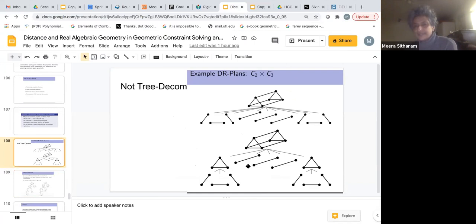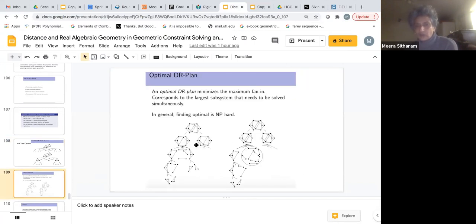And minimizing the maximum fan in means it minimizes the maximum fan in over all the nodes in the DR plan. I want to use the word nodes for the DR plan rather than vertices, because the vertices are the vertices of the graph, and the nodes are the vertices of the DR plan. I just want to keep that separate so that we don't get confused.